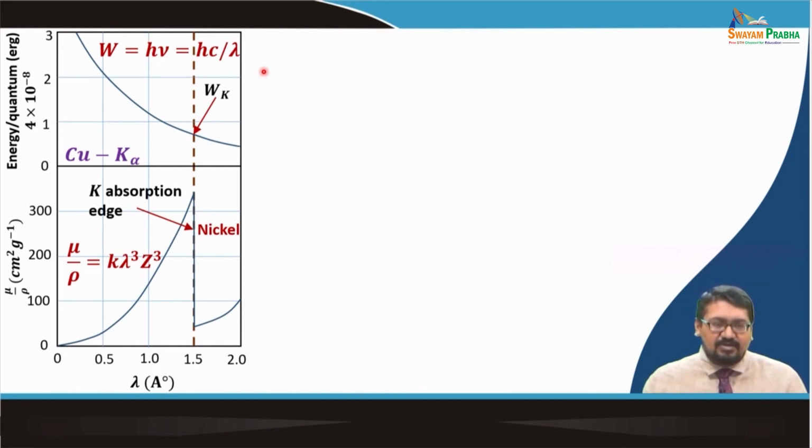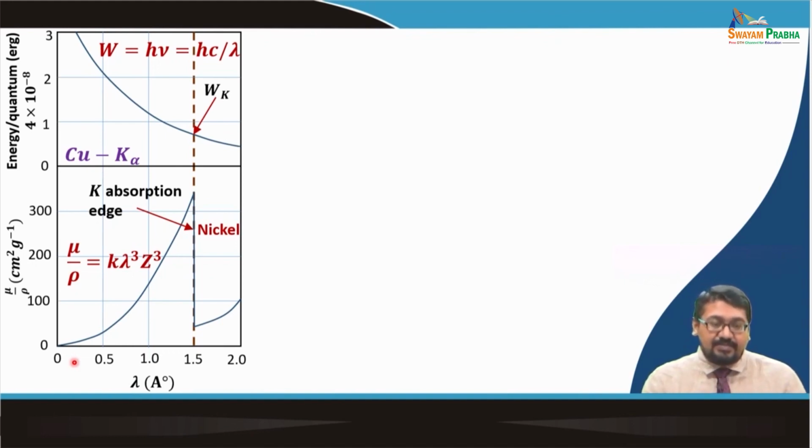Now, if you look closely, we can see that this continuous radiation coming from copper is incident on, say for example, nickel, which has a slightly lower atomic number. Nickel has an atomic number of 28, whereas copper I think is 29.